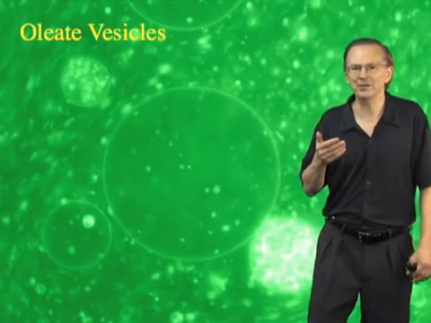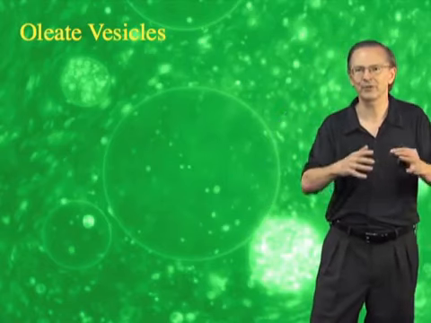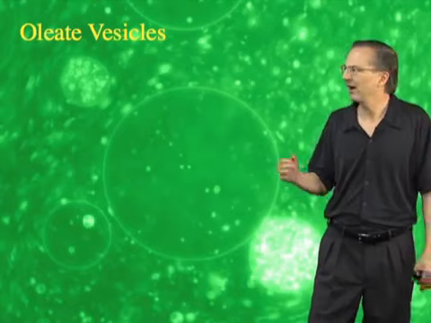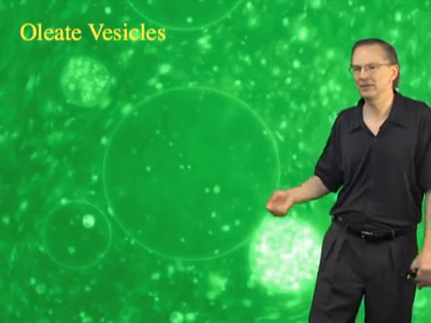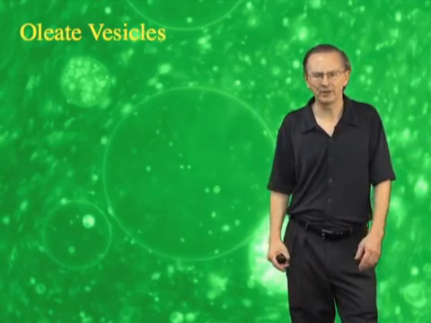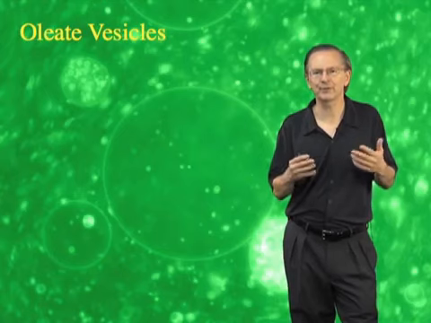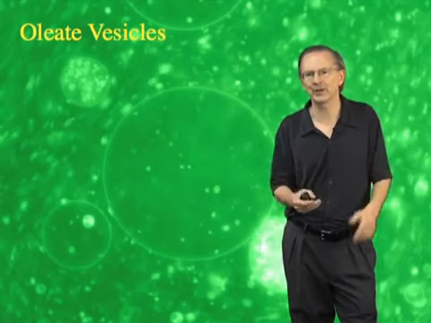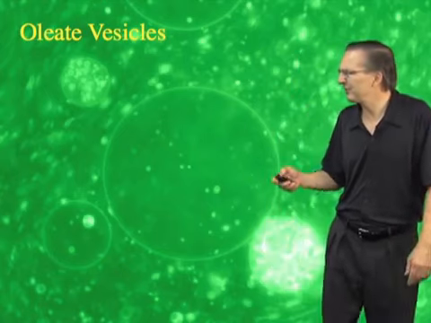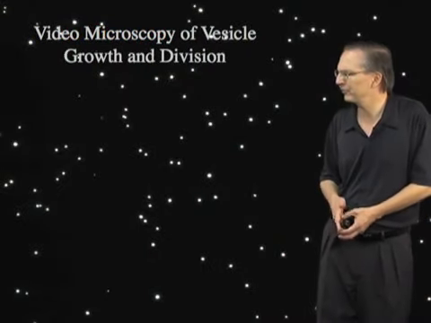And if you imagine adding some more oleic acid to this in the form of micelles so that everything grew a little bit, you couldn't tell that anything had happened. So we need new analytical ways of looking at this, or new ways of preparing vesicles so that we can actually watch what's happening.